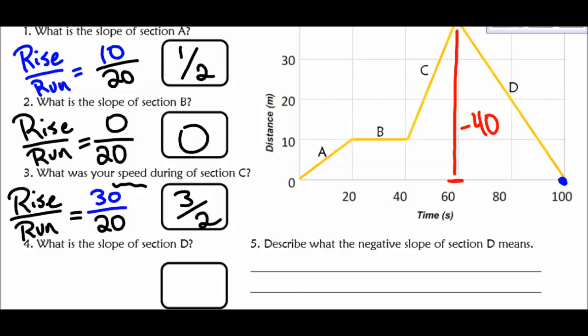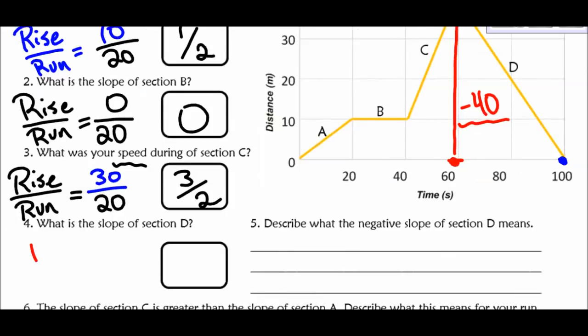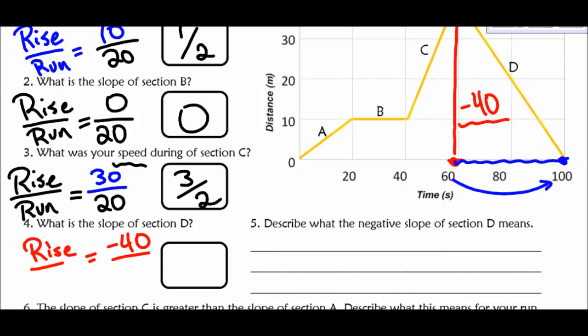It's going straight down from 40 down to 0. That's a negative 40. Our rise there is a negative 40. The run is this part. That's going from 60 up to 100. The run is a positive 40.